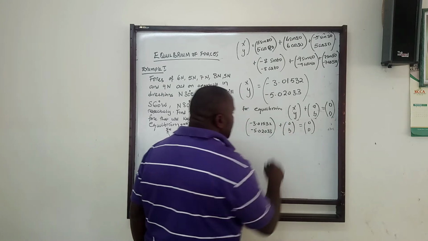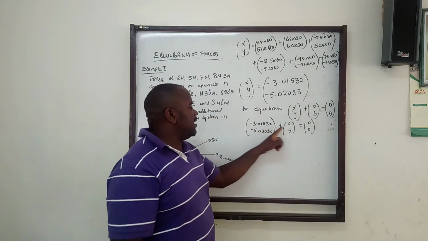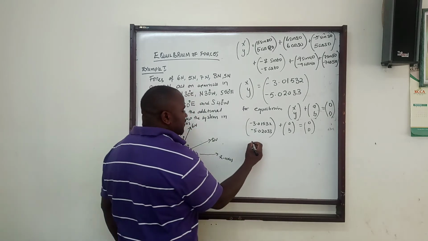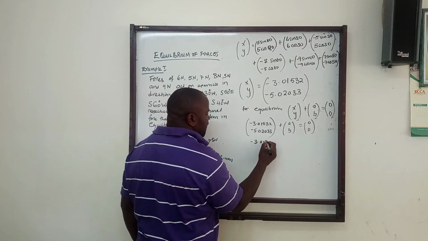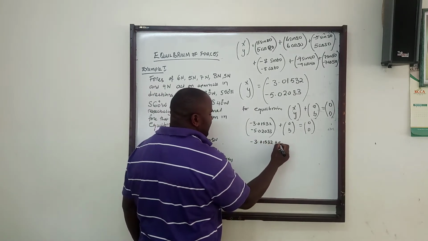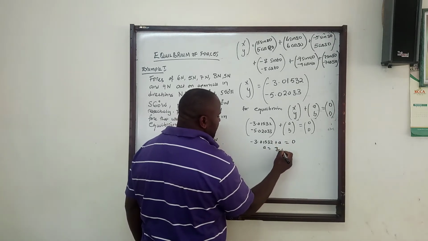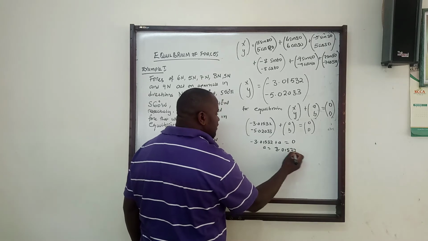We add the corresponding components in the i together, and those in the j also together. So we shall have negative 3.01532 plus A is equal to 0, and thus A is 3.01532.